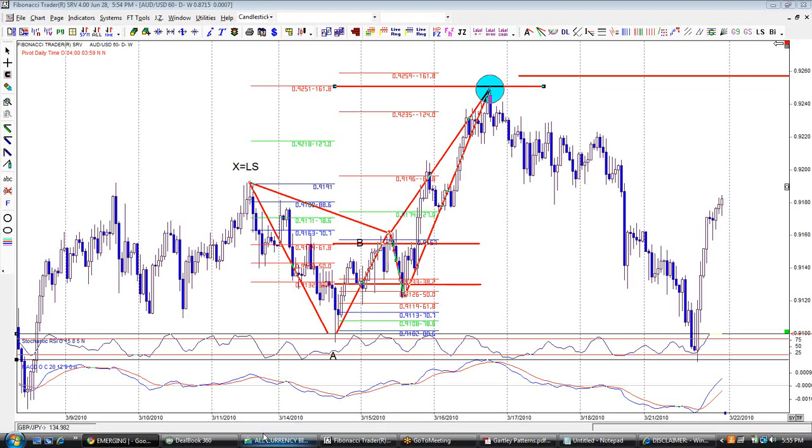Now, the question is if I confirm the pattern with divergence on RSI. I can use a few confirmations. First, and probably this is the best confirmation, the confirmation I like the best is if I have a pivot level converging with the fib convergence.